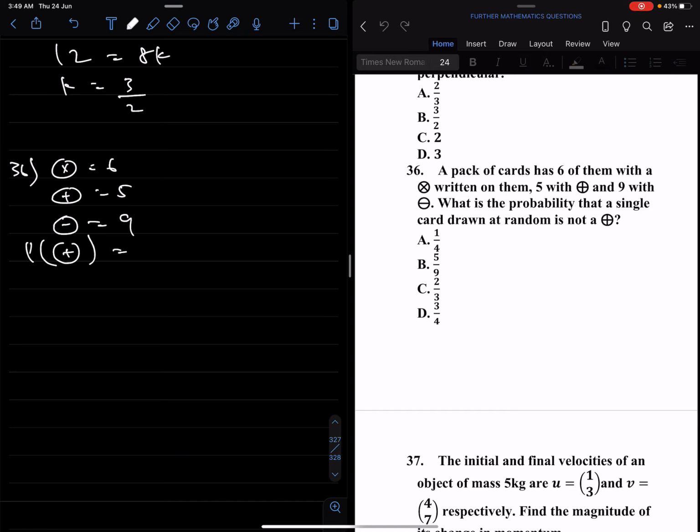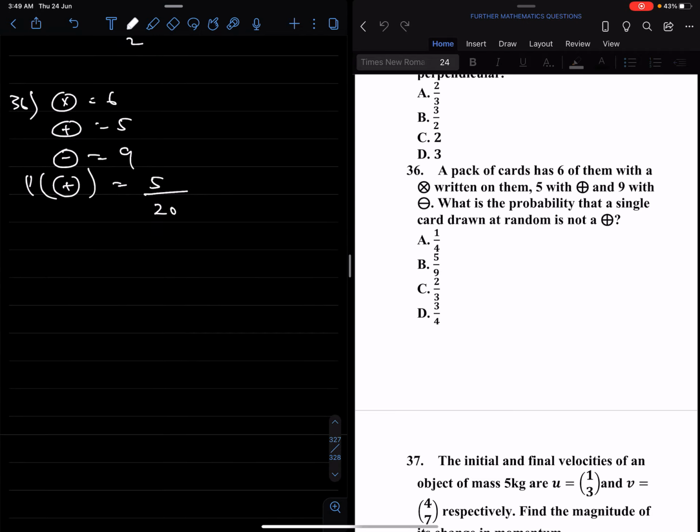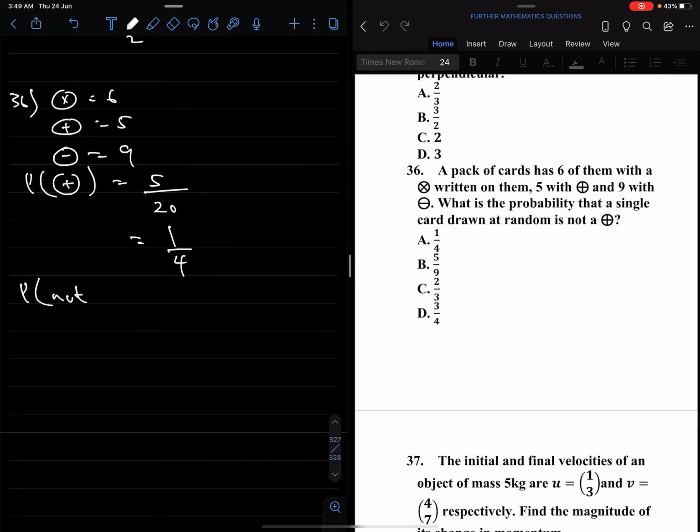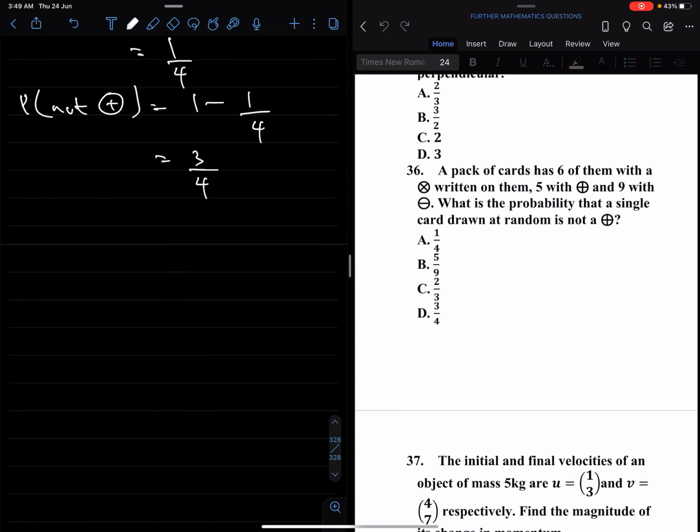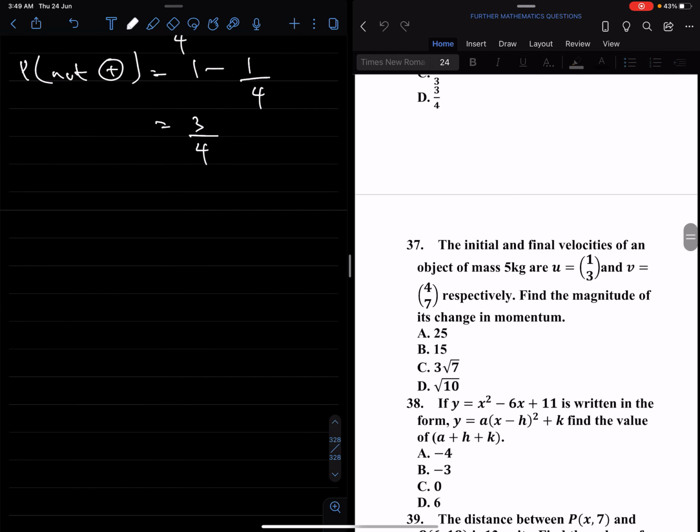The probability of it being a circle plus will be the number of cards with circle plus divided by the total number of cards, which is 6 plus 5, 11, plus 9, 20, and that's 1 over 4. So the probability that it's not a circle plus is going to be 1 minus the probability that the card is a circle plus, and that's 3 over 4. So to the next, which is number 37.